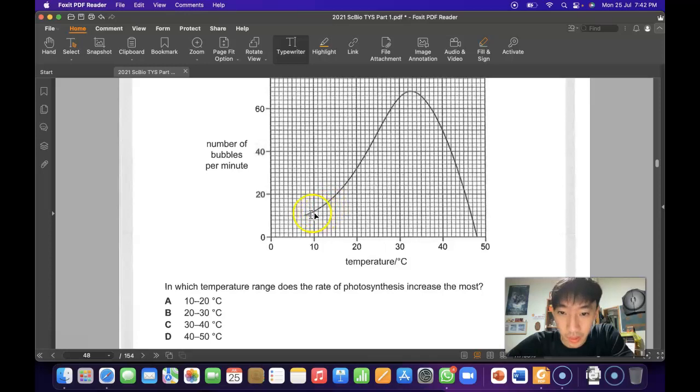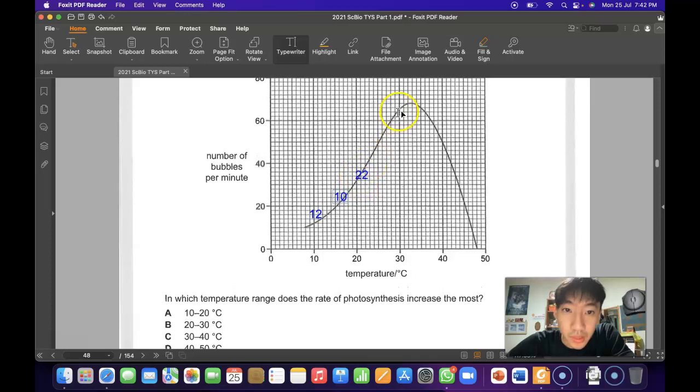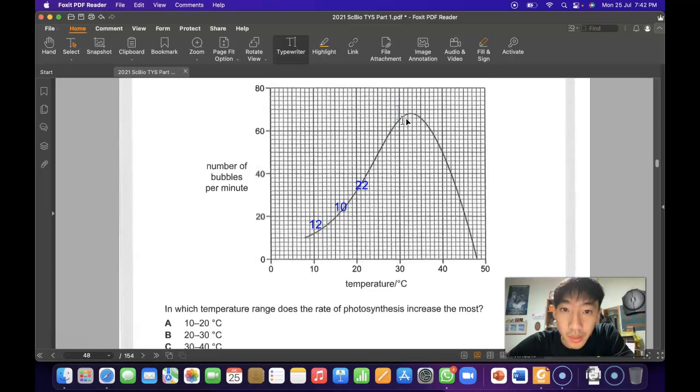If we see from 10 to 20, it is 12, and over here this is 22, which means it increased by 10. And from 20 to 30, this is 64, I think, so 84, so that's an increase of 40.